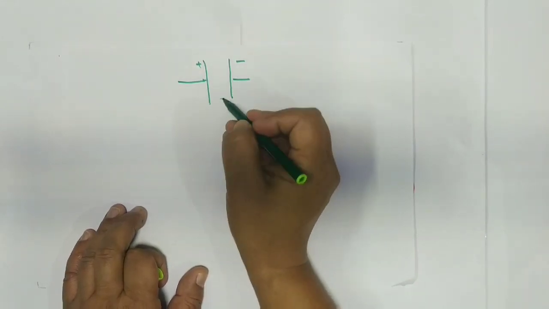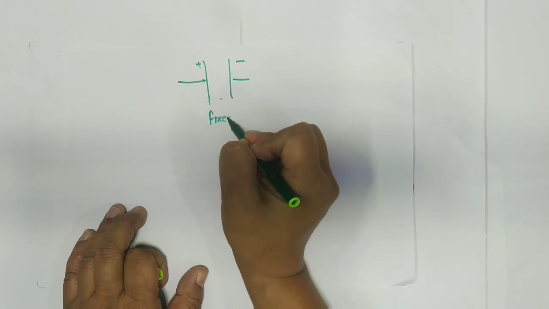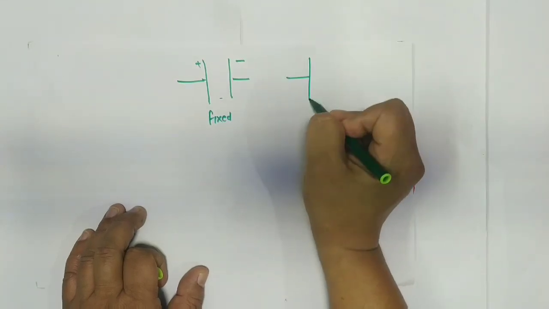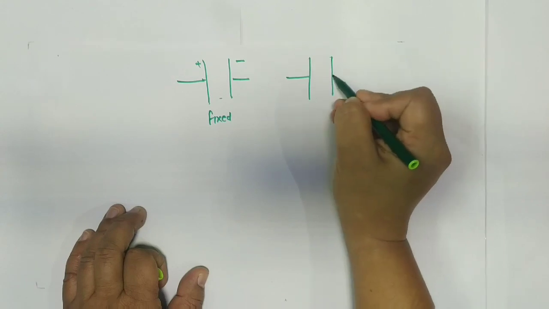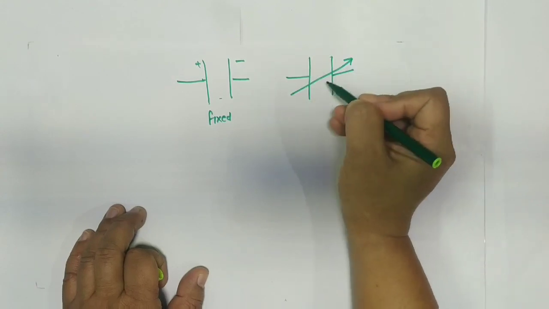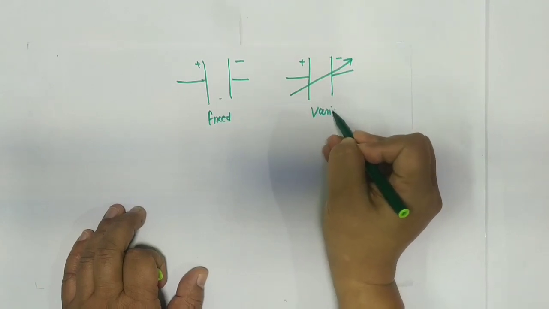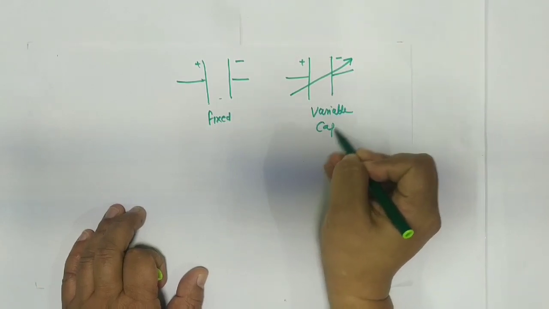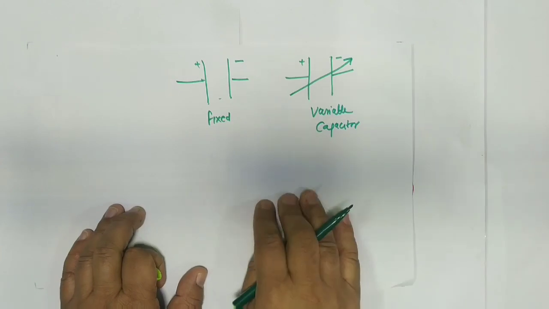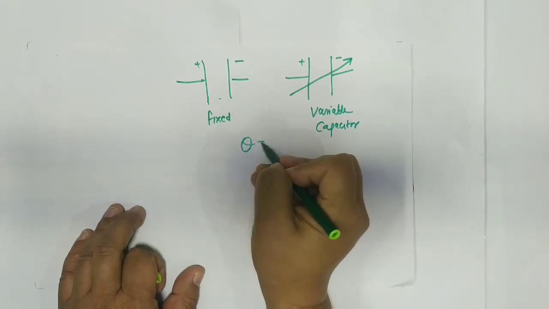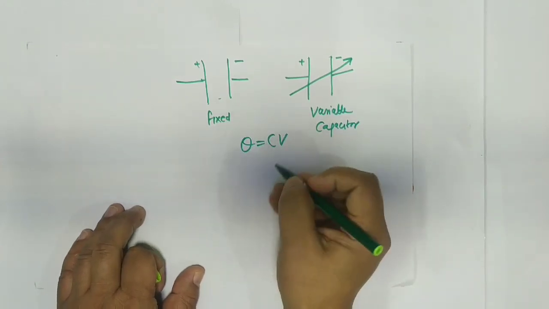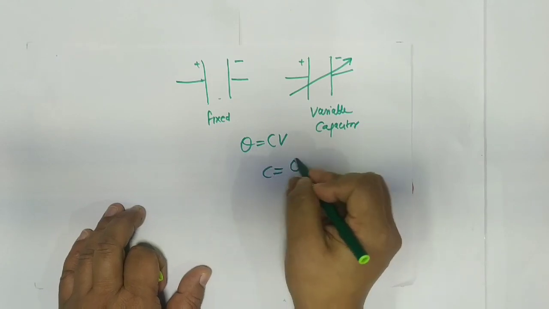This is a fixed capacitor. If I do it with an arrow, then this is a variable capacitor. So Q is equal to CV, and we can say that C equals Q by V.